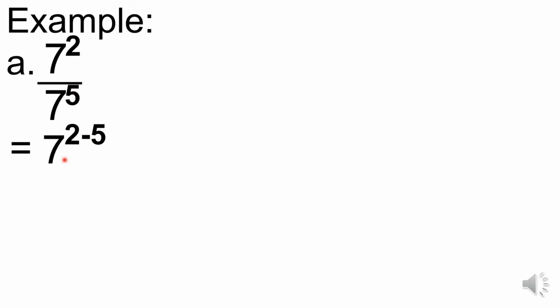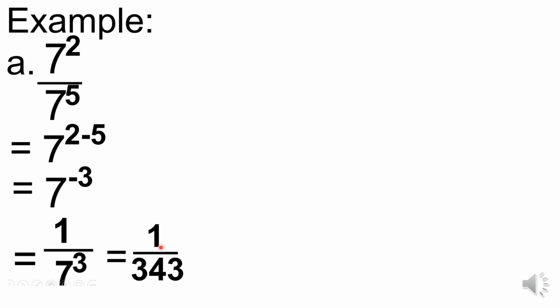Okay, so you got 7 to the power of 2 minus 5. And then you have a negative exponent here, which is negative 3. Then apply the negative exponent rule. So you got 1 over 7 to the power of 3, or 1 over 7 cubed. And then expand or simplify further, you got 1 over 343.